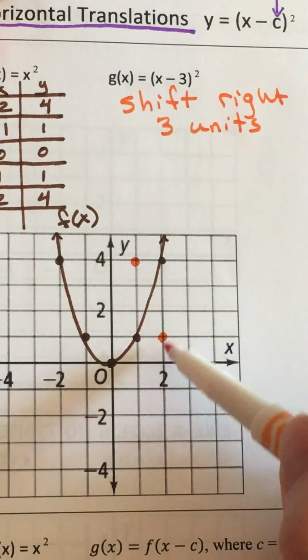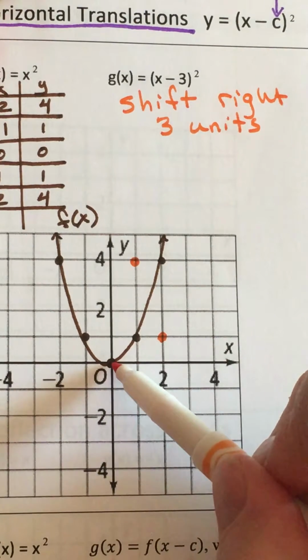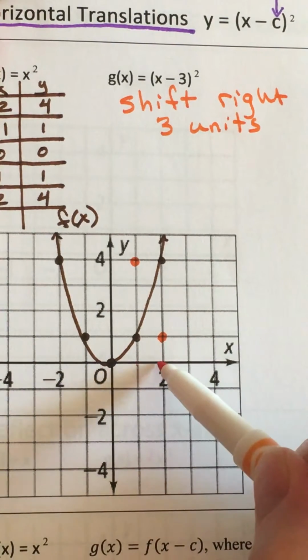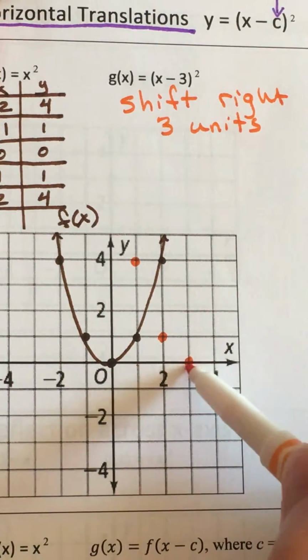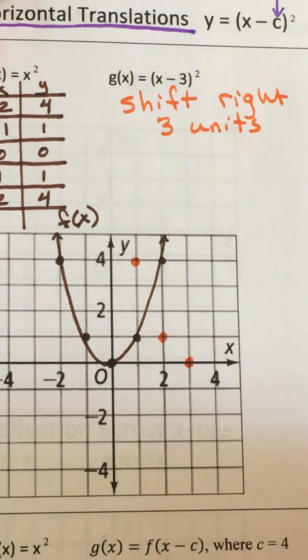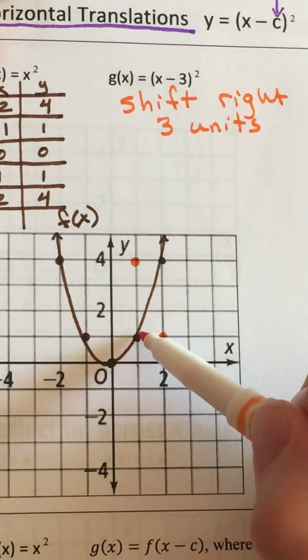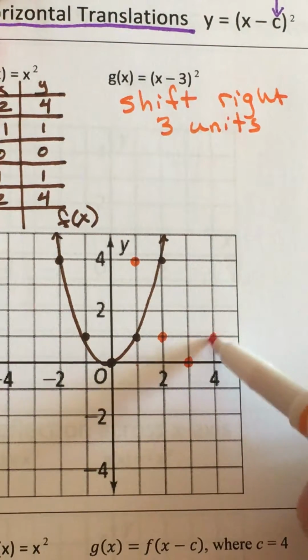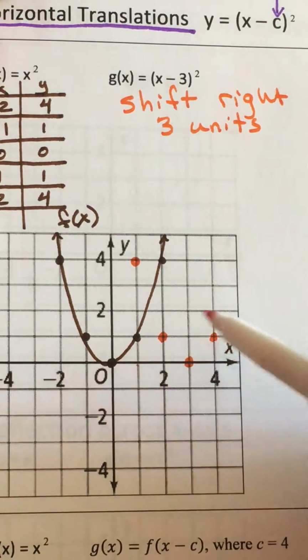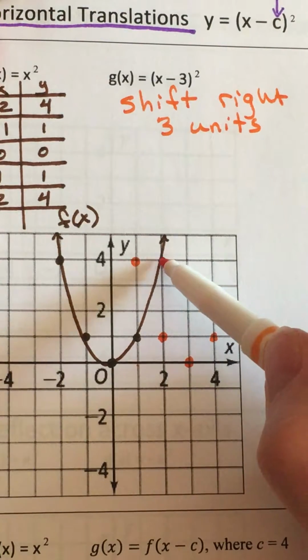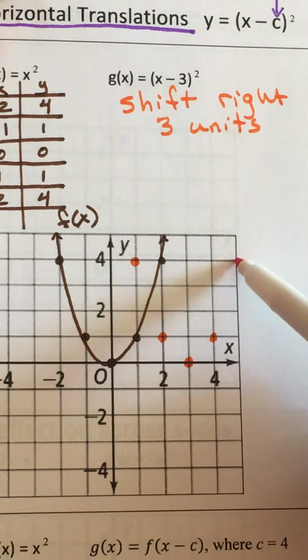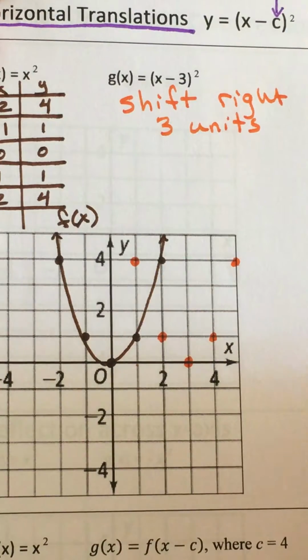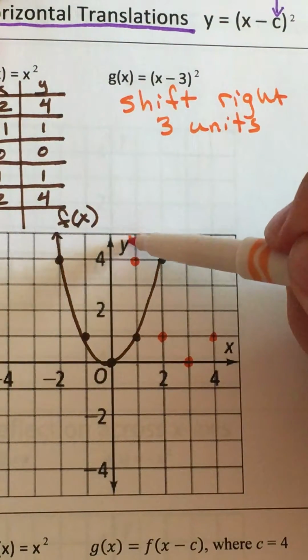I'm at the point 2, 1. My third point, 1, 2, 3. I'm now at 3, 0. My fourth point, 1, 2, 3, is at the point 4, 1. And my last point, 1, 2, 3, is at the point 5, 4.